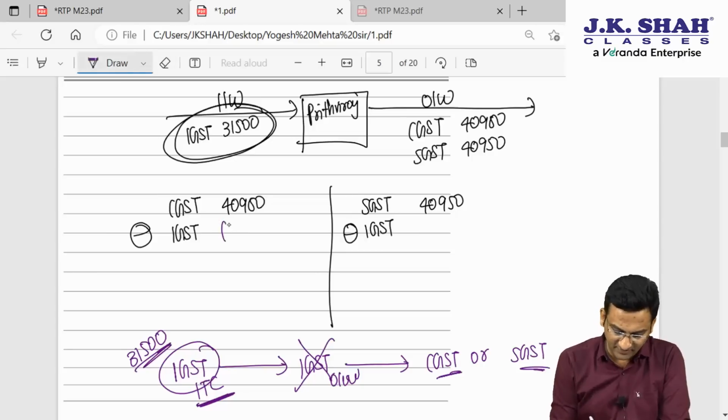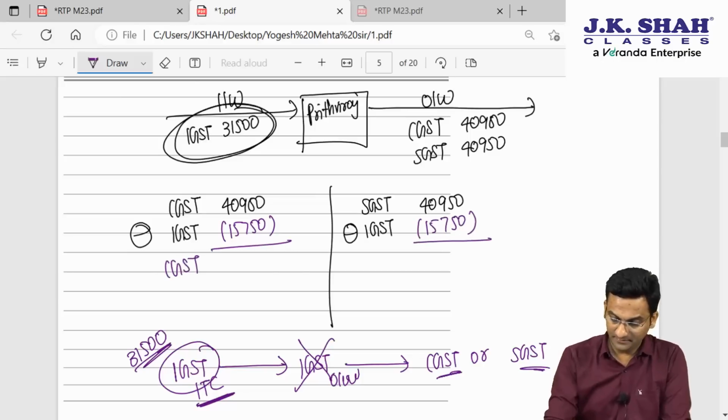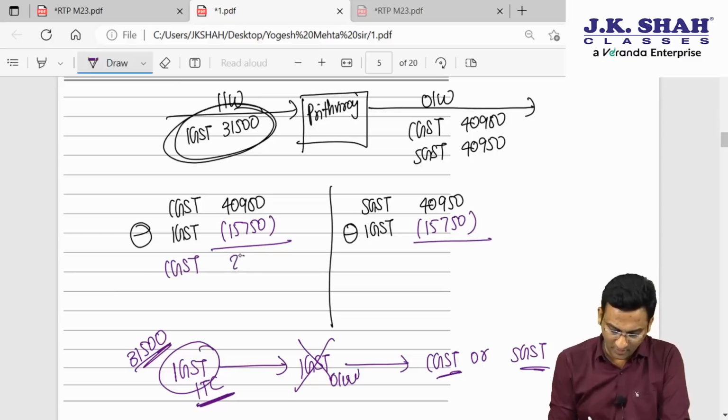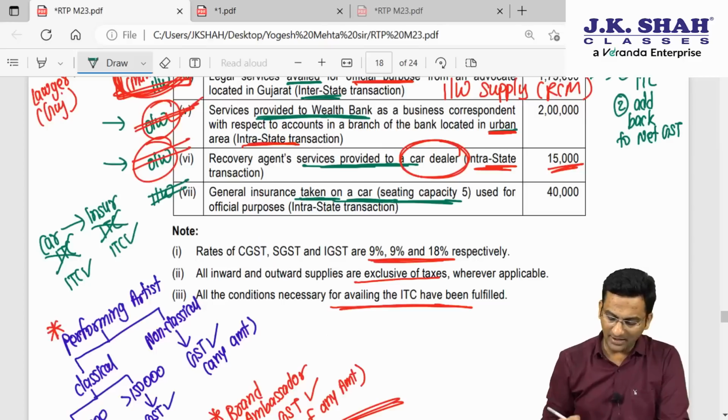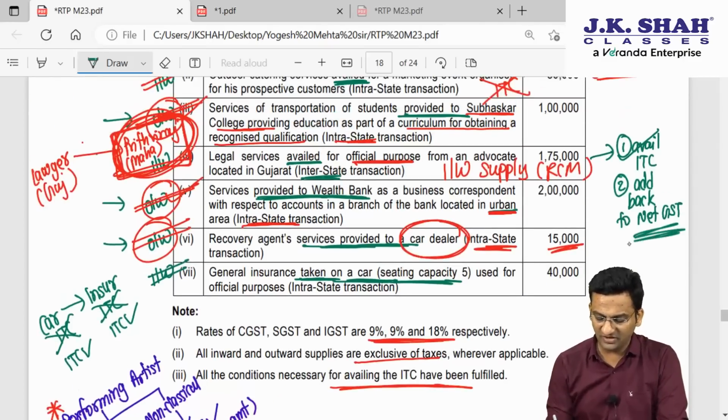So 15750 and 15750, and your net CGST payable will be 25200 and net SGST payable will be 25200. And yes, you have to add back the RCM to the net GST payable.